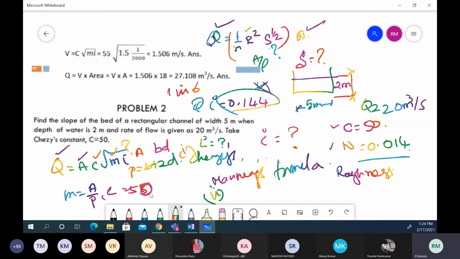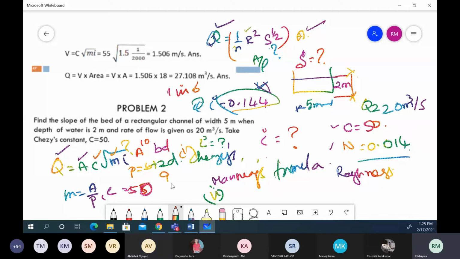So C is 50. What is the area actually? Area is 5 into 2, 10 meter square.